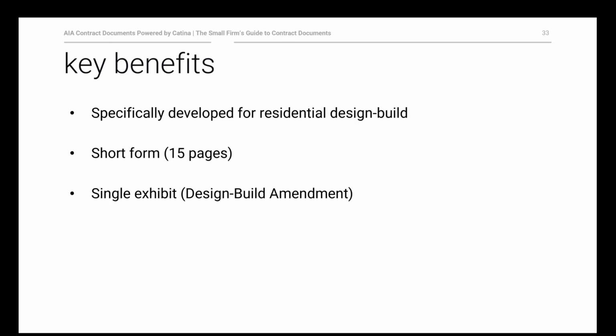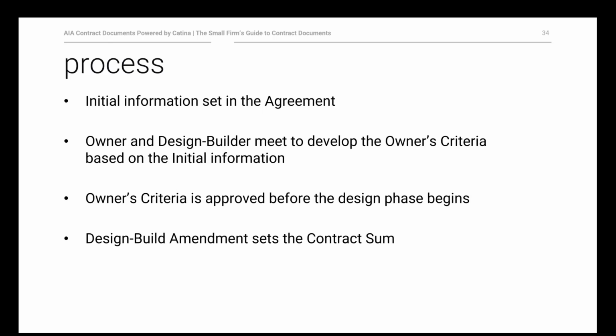This envisions a scenario where the owner would engage the design builder. The design builder would work with the owner to flesh out the owner's requirements and criteria. And then ultimately, when the owner is satisfied that the design builder understands the concept, understands what they want, and can produce the final design and then build, they would enter into a design build amendment that would memorialize the key terms of what the design should include and incorporate what the price will be to construct and the time frame, among other things.